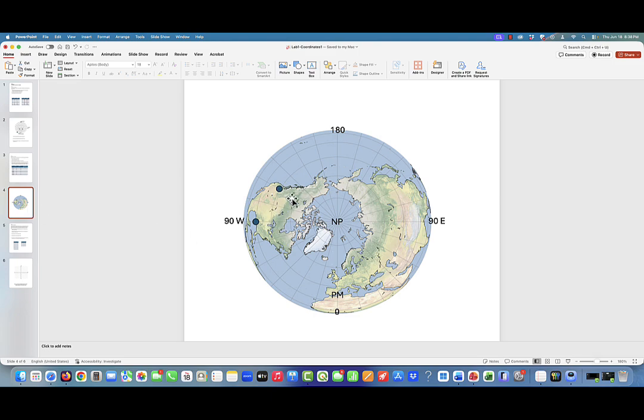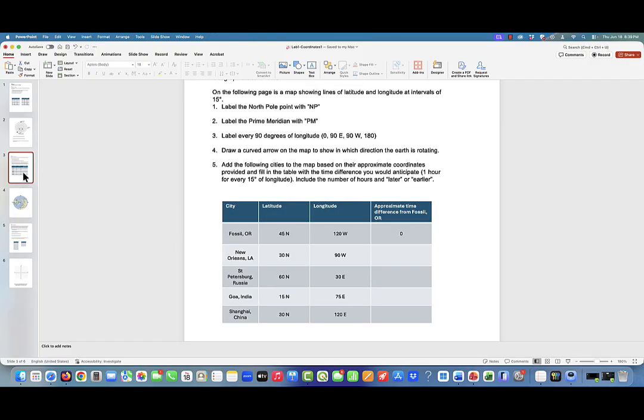We go from 120 degrees west to 90 degrees west. That would be a difference of 30 degrees. So when it's 7 p.m. in Fossil, Oregon, it's 2 hours later, or 9 p.m. in New Orleans, Louisiana. Sorry about that. So the approximate difference in time, you would just take 2 hours there.